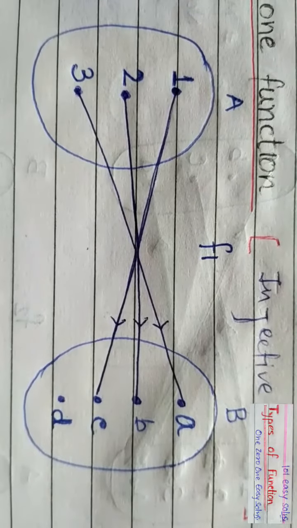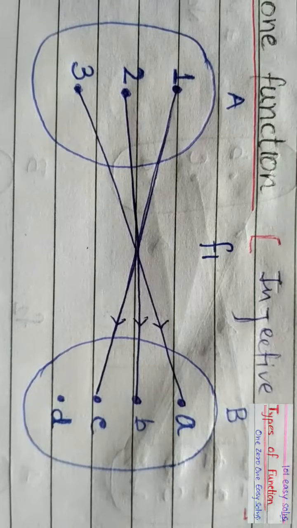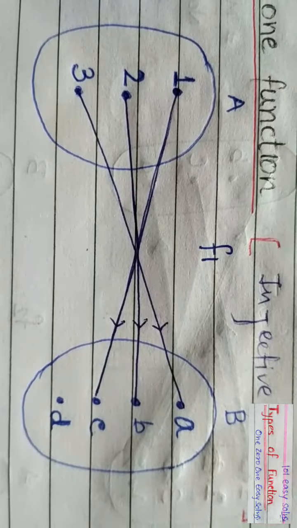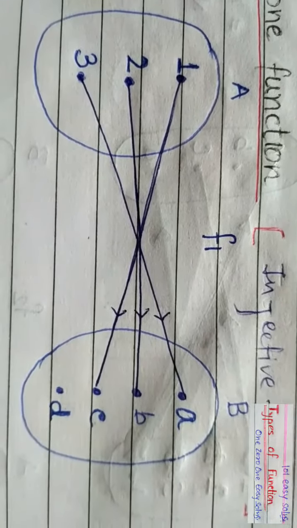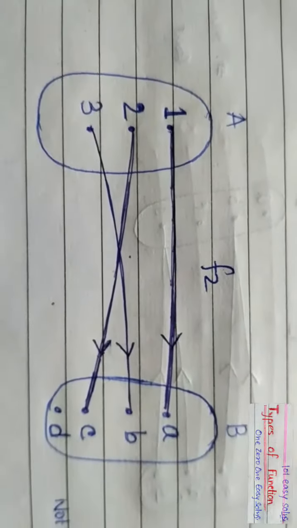So a function f from A to B is known as injective function if every element of A has a distinct or unique image in B.